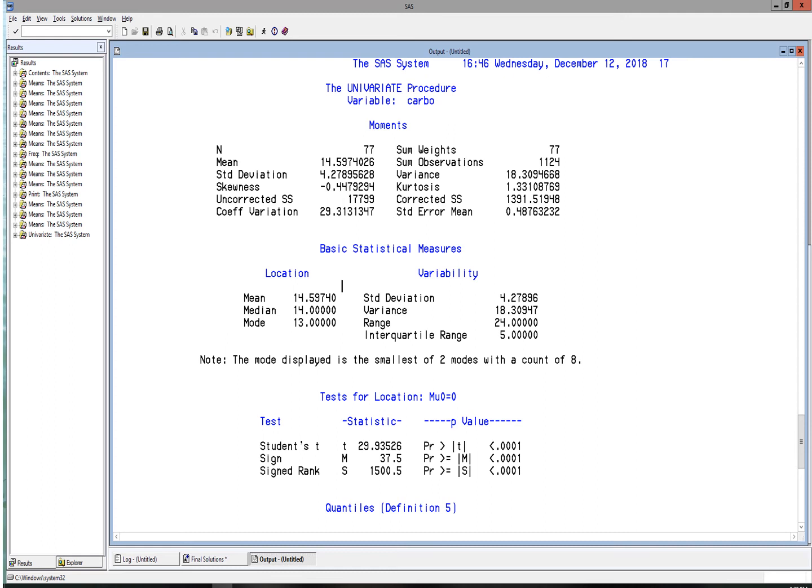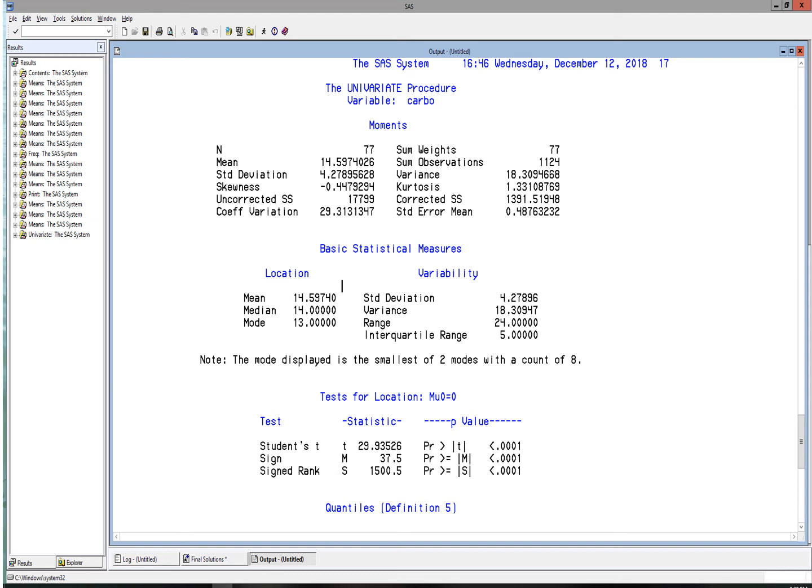Now look at the bottom area where it says tests for location, mu naught equals 0. So what's being done here is that SAS is testing whether or not the mean is equal to 0.